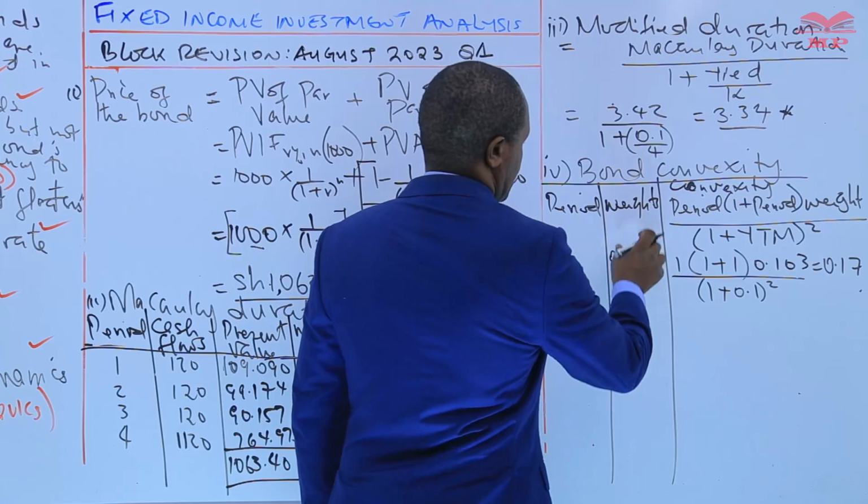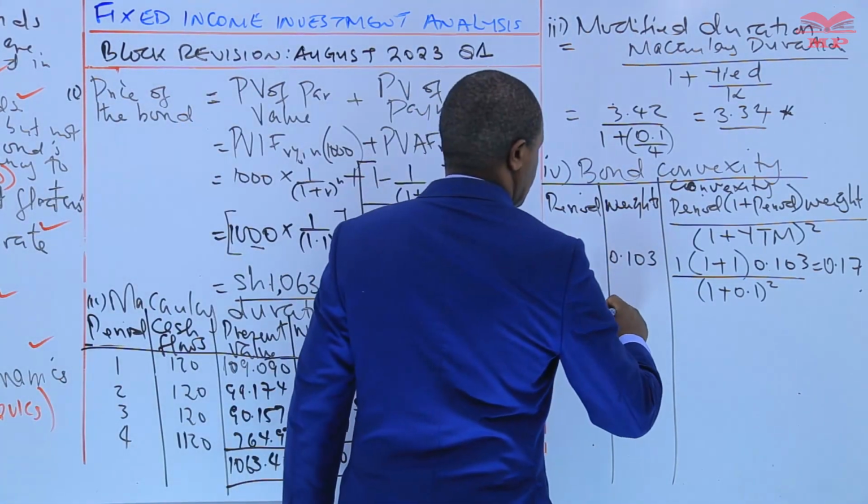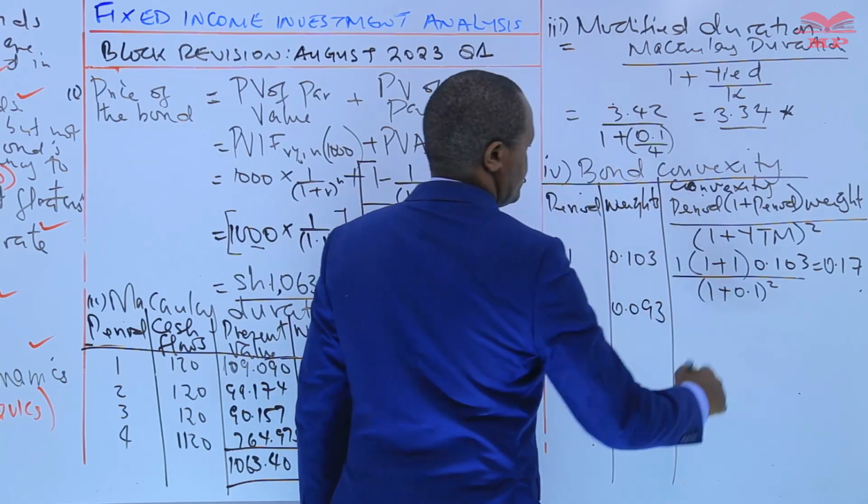Period 2, the weight for period 2 is 0.093.